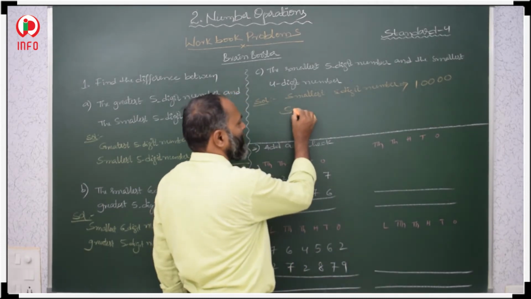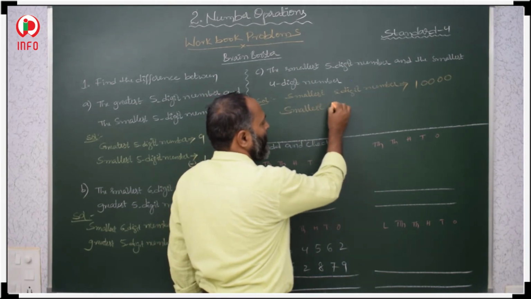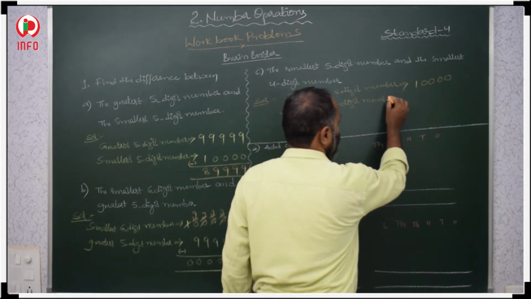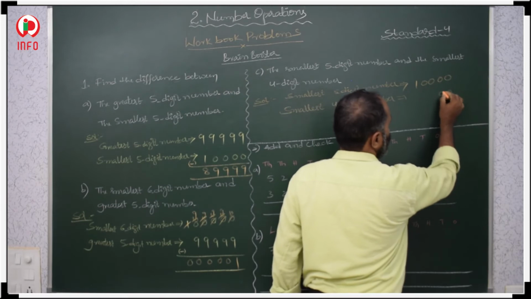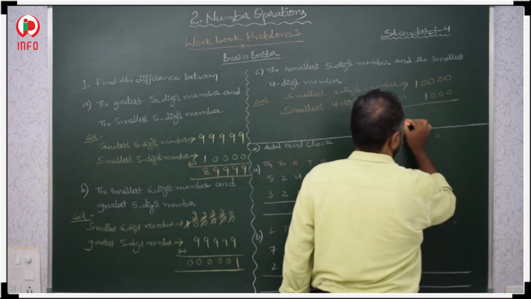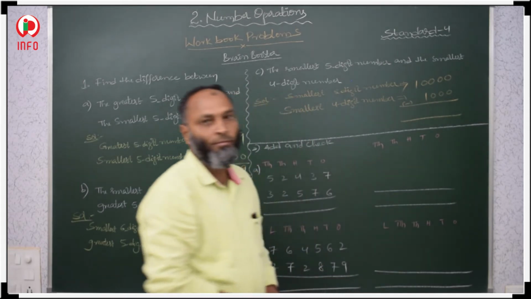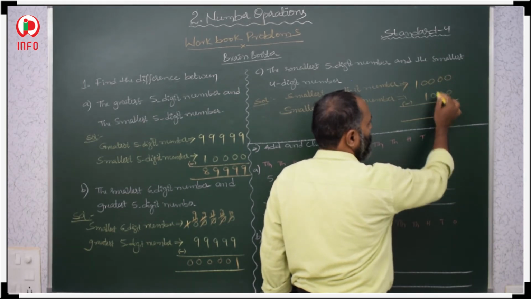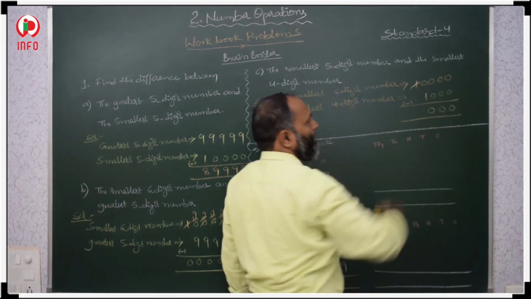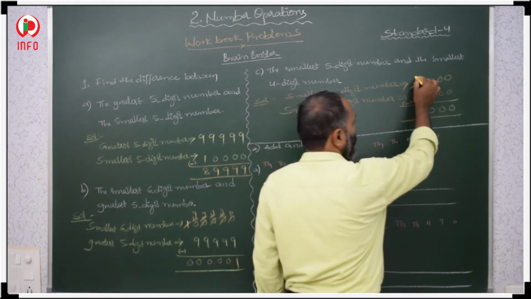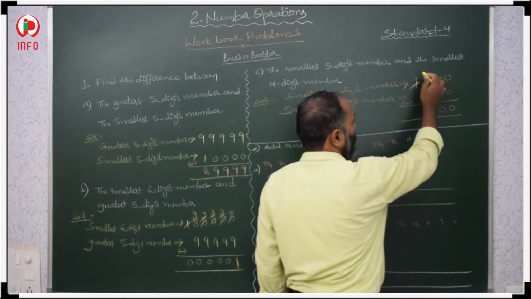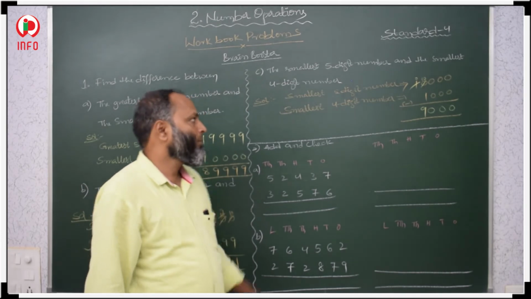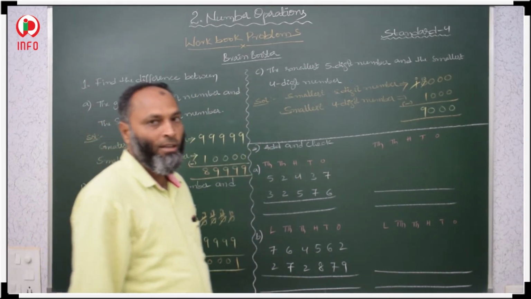Now the smallest 4-digit number: 1, 2, 3 zeros and 1. Now we have to find the difference. 0 minus 0, 0. 0 minus 0, 0. 0 minus 0, 0. Then borrow from here. So here 1 is there, so here it decreases by 1 and here it becomes 10. 10 minus 1, 9. 9,000. One more question is left in this brain booster that you do as your home assignment.